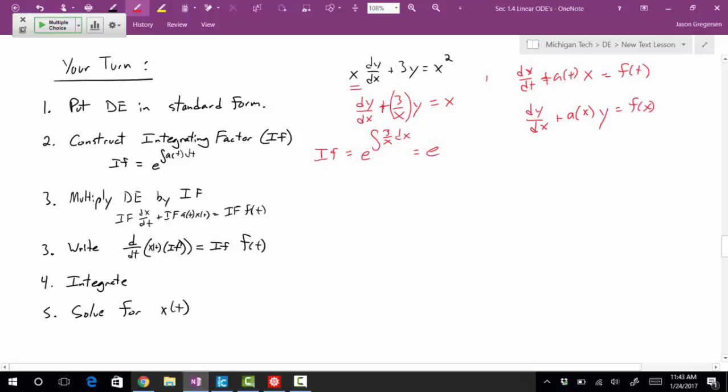All right, that's e to the, I pull the 3 out. I'm really integrating 1 over x, which means I should get the natural log of x. Oh, wait a second. Now I got 3 times the log again. So this is going to be e to the natural log of x cubed, which is going to be x cubed. X cubed is my integrating factor.